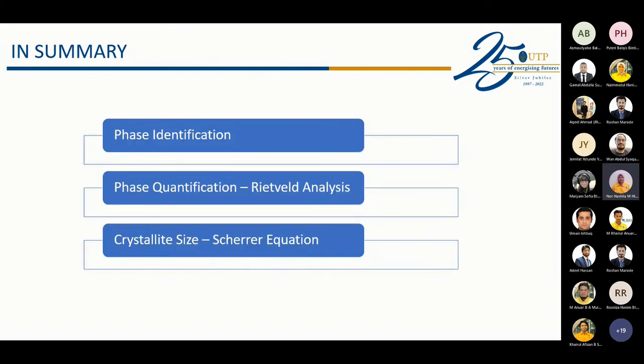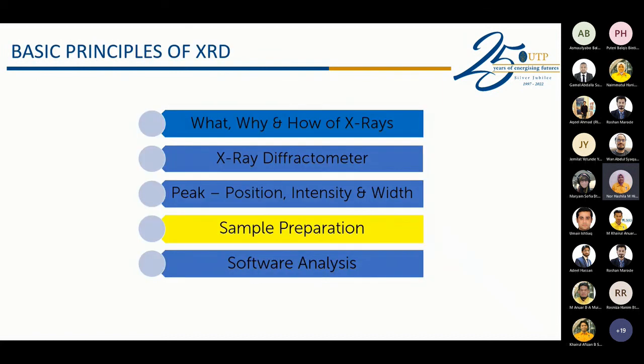Maybe later, after the sample preparation, I will teach you the basics of software analysis, how we can perform phase identification using XRD software. For CAL, we are using HighScore software.